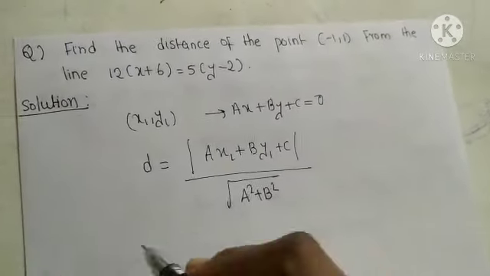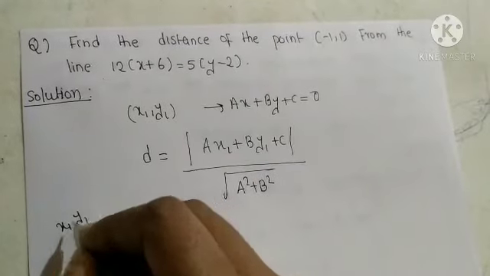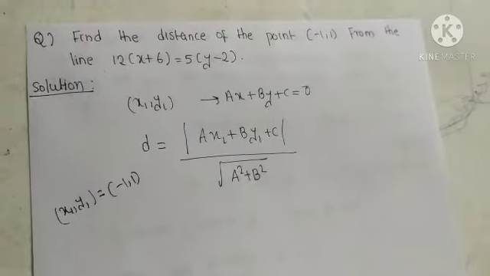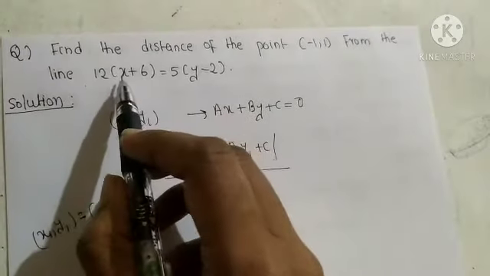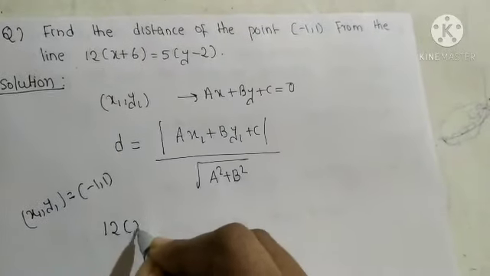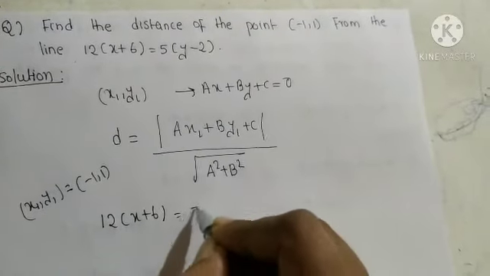Right. So here given that the value of x1 y1 is minus 1 comma 1.